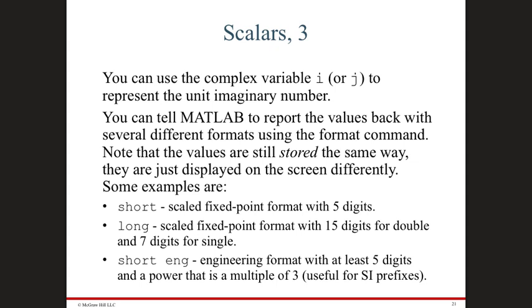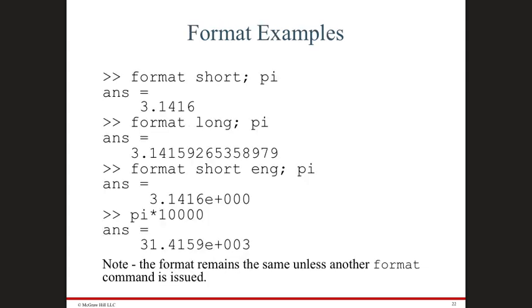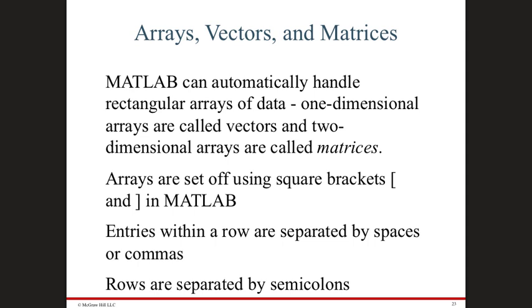So when you say engineering, it's gonna show you things in 10 to the power 5, 10 to the power 6, 3.7 times 10 to the power 2, and so on. If you stay with the standard, it stays with the standard. Here are some examples. I'm not gonna go through them, but you can try them. The slides are gonna be for you on Blackboard, so you can try them as much as you want.